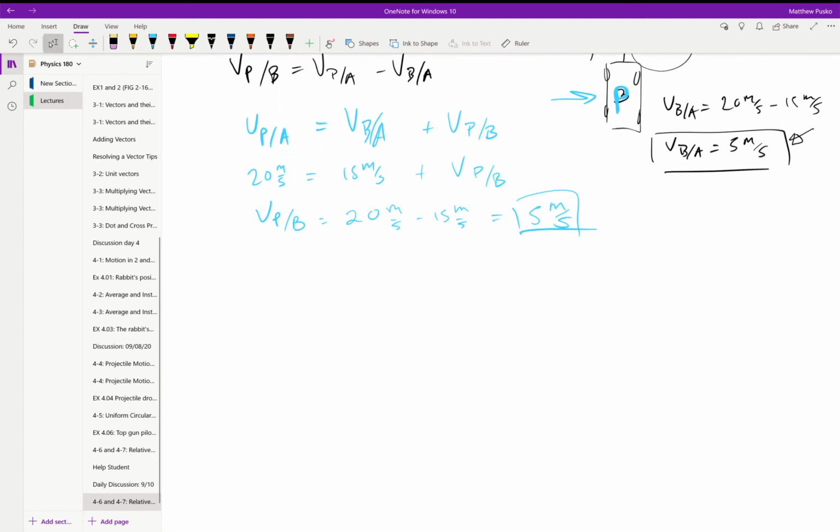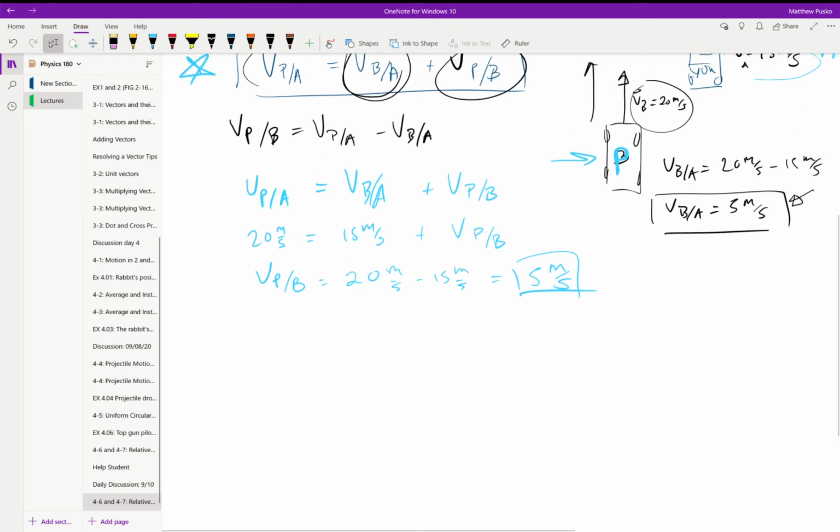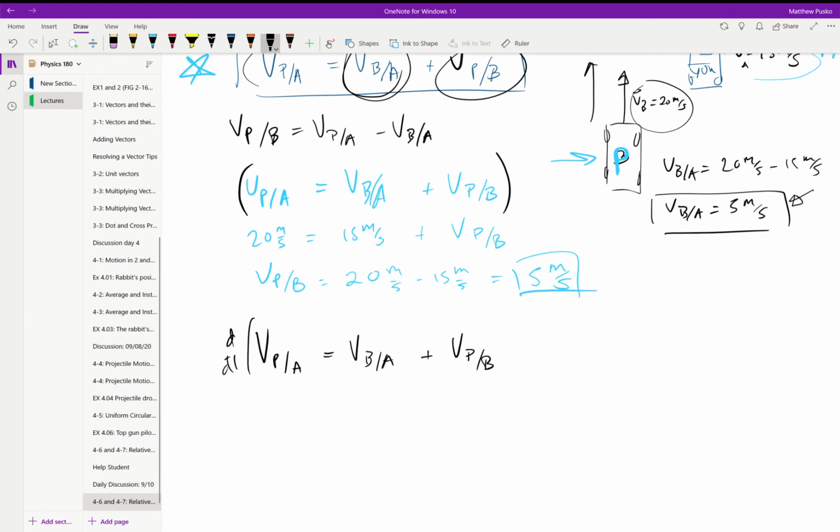Okay, one more trick would be to take the derivative of this equation. Let me go ahead and rewrite it. The velocity of P with respect to A is equal to the velocity of B with respect to A plus the velocity of P with respect to B. If I take the time derivative, we have to note that the velocity of B with respect to A is actually constant.